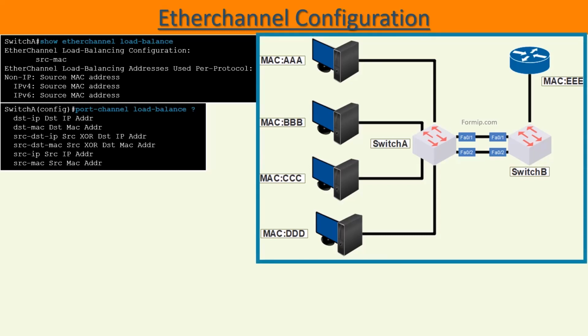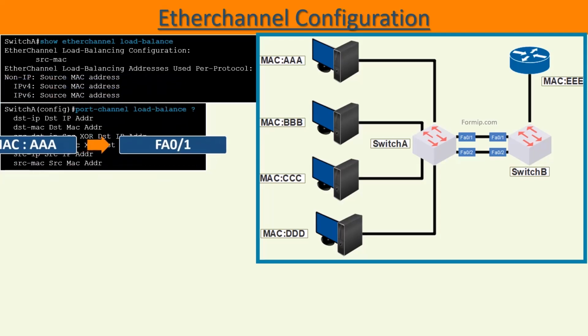In the diagram, we have 4 PCs, 2 switches, and 1 router. We have seen that the default load balancing is based on the source MAC address. This means that all traffic from a MAC address will be sent to a single physical interface.